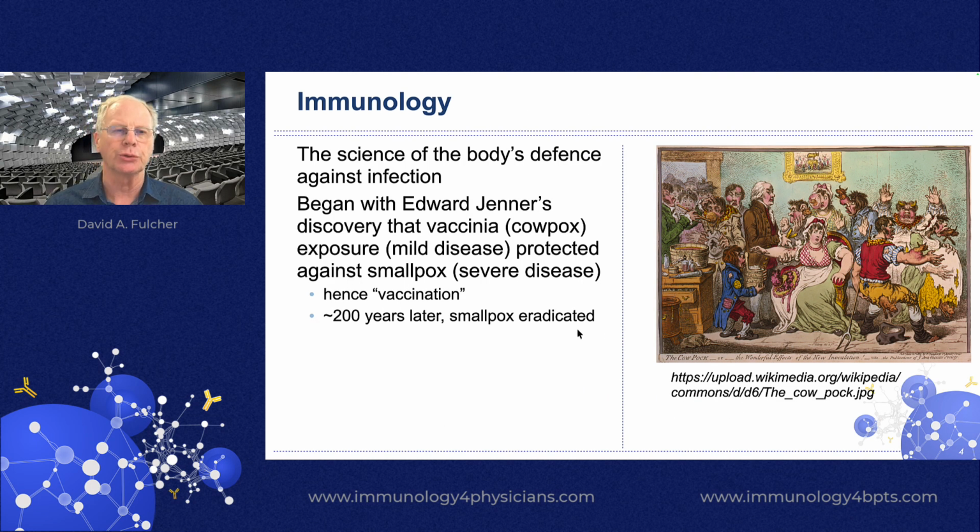And this had its roots in the initial discovery by Edward Jenner that if you infected people with cowpox or vaccinia causing cowpox, they had a relatively mild disease, but they were then protected from smallpox, which would otherwise have been a severe disease. So this was a monumental event.